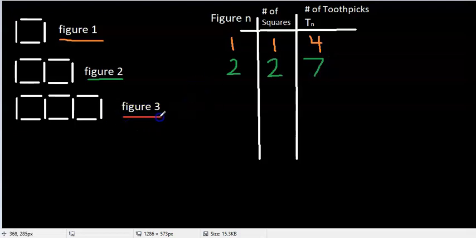And for Figure 3, we'll do it in a bright red. 1, 2, 3 squares for Figure 3. And my number of toothpicks, 1, 2, 3, 4, 5, 6, 7, 8, 9, and 10.